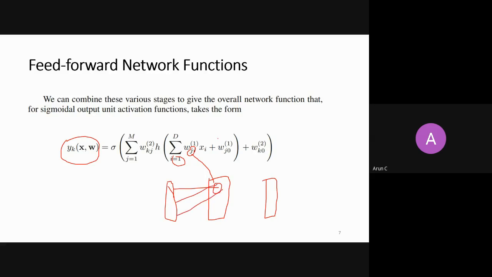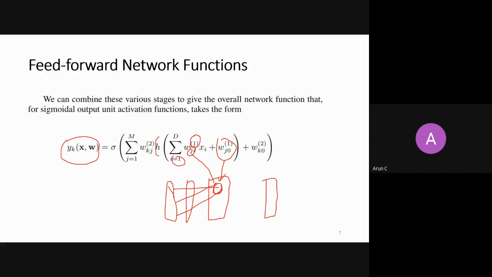And this is the bias for the jth node. This superscript is saying that I'm talking about my first layer. So what all goes into this jth node is nothing but aj, right?